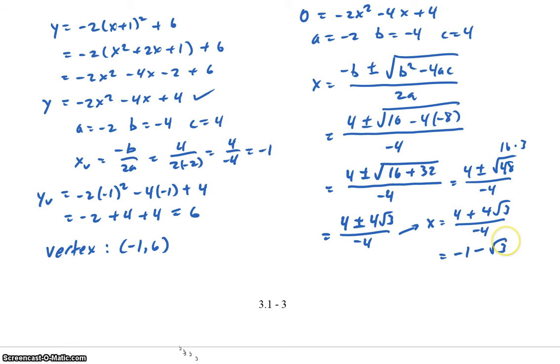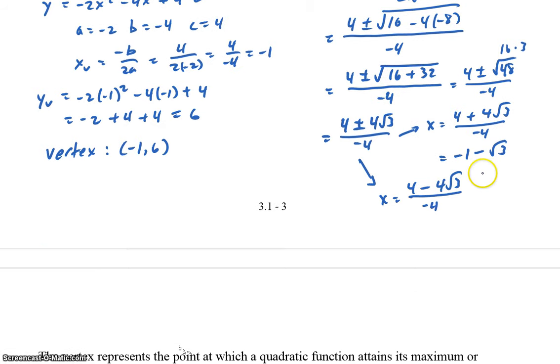And then the other solution would be x equals 4 minus 4 square root of 3 over negative 4. Dividing by negative 4, we would have 4 over negative 4 is negative 1.